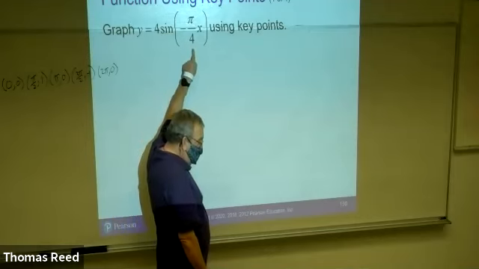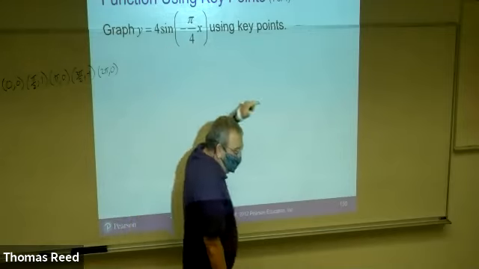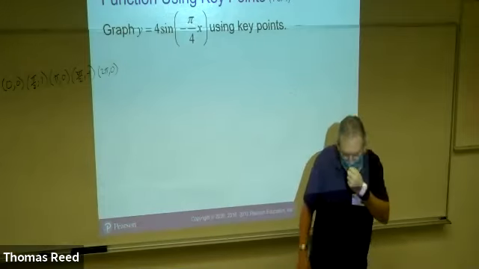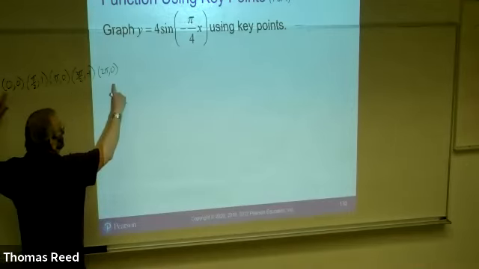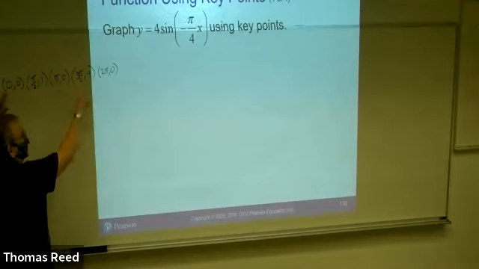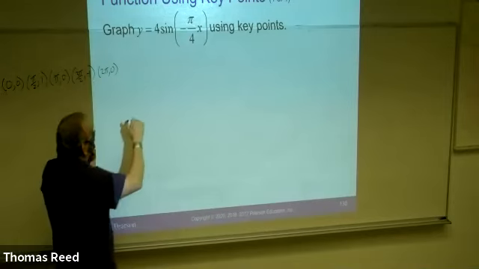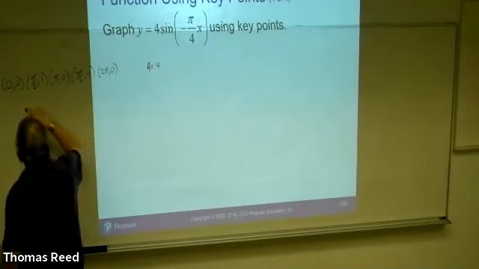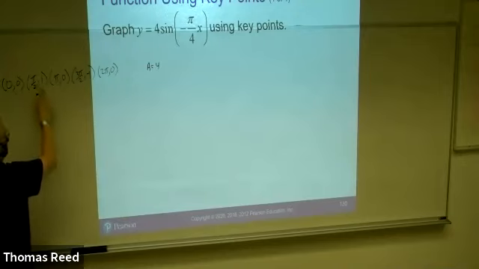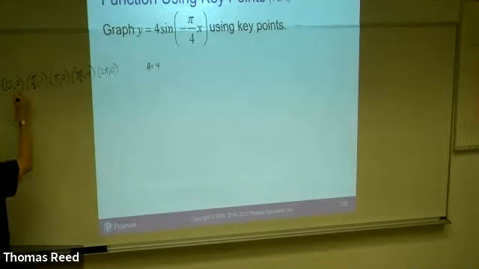I'm going to deal with this in a moment. But right now, I'm going to deal with this 4. The 4 out here means we're multiplying the y values by 4. So I'm going to change all the key points by multiplying by a. We identify a is 4. So I'm going to multiply each of the y values by 4.